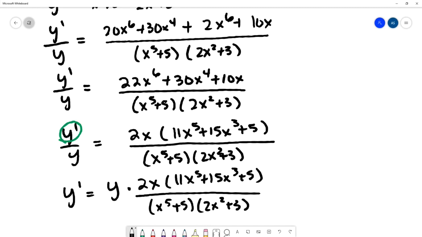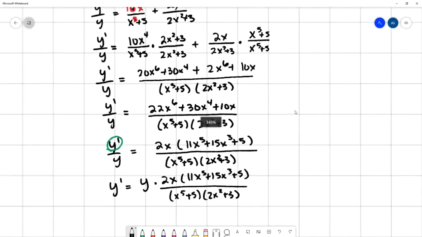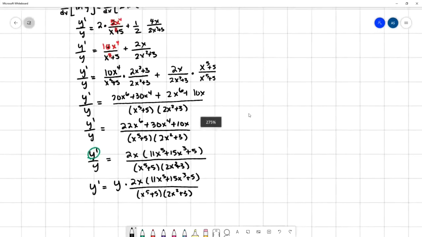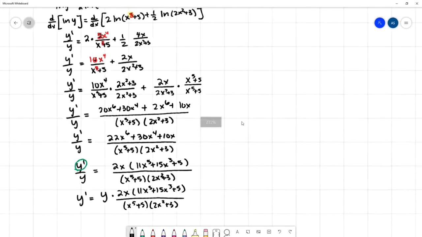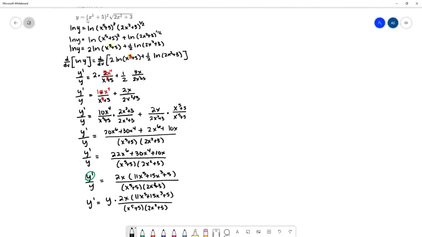And if you'll remember at the beginning of the problem, our equation was written explicitly, so we do know what y is. So y is x to the 5th plus 5 squared times the square root of 2x squared plus 3.